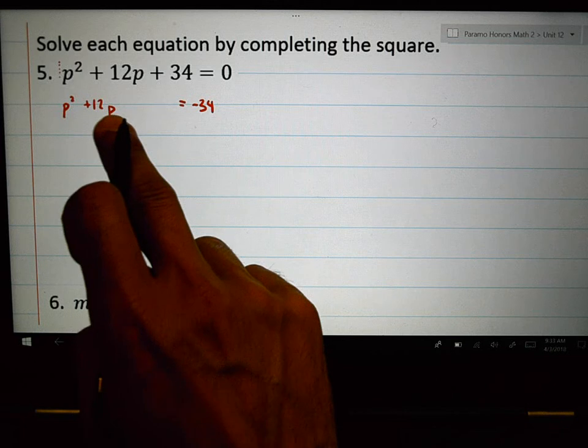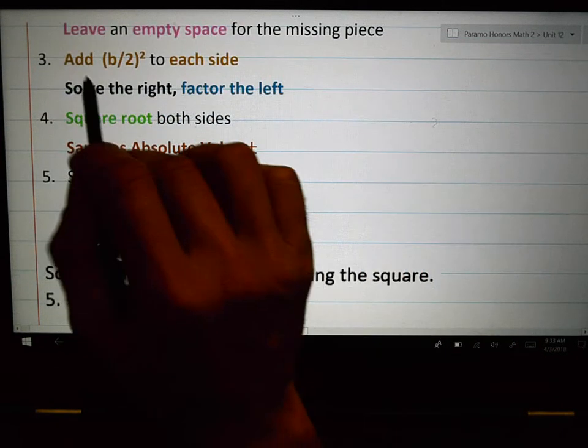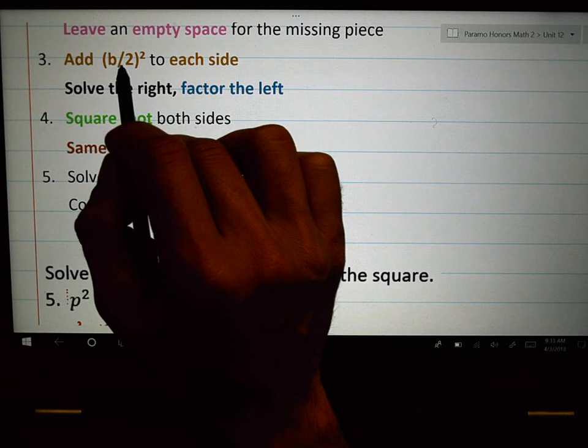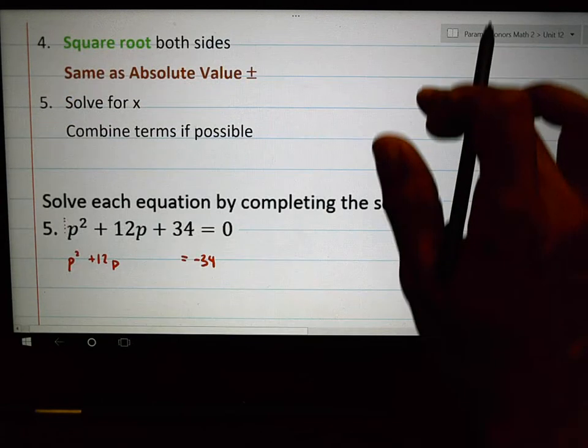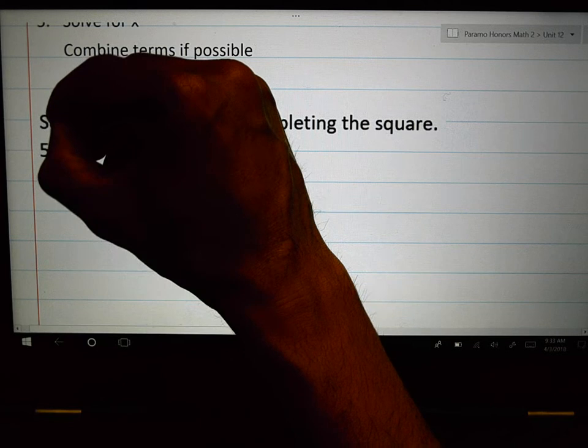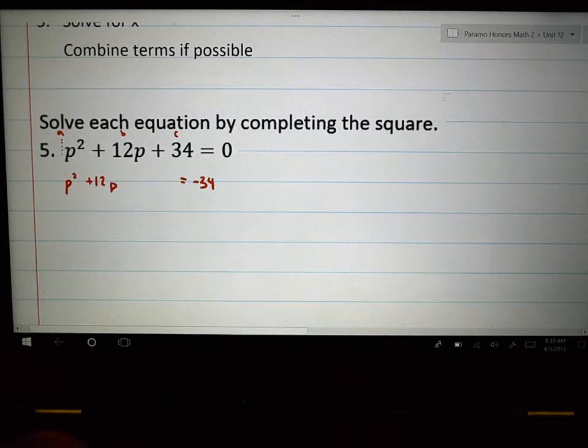And I leave some space there. How come? Because in that space, we're going to add half of b squared to each side. Now, if you don't know what b squared is, this is your a, this is your b, this is your c. What is half of b squared?